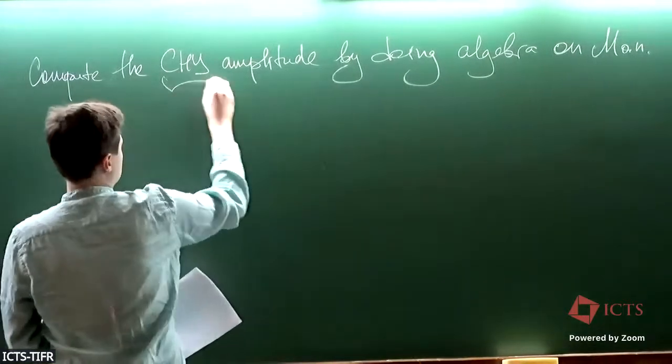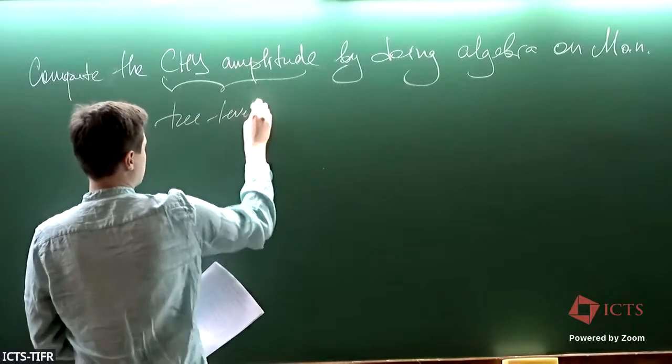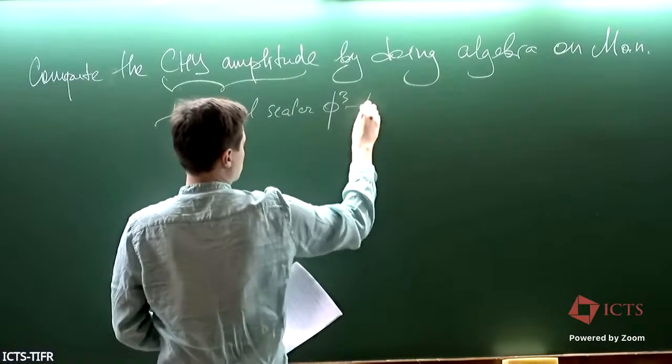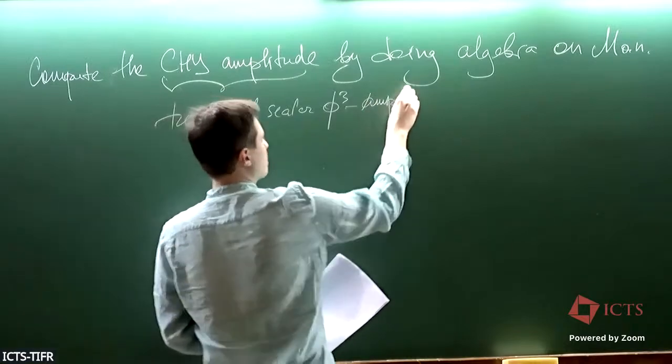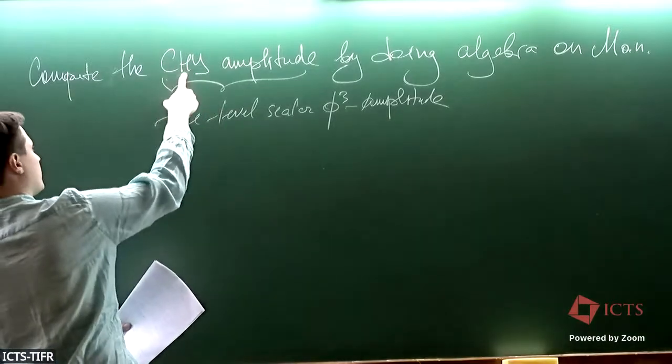Again, the CHY amplitude is the tree-level scalar phi cube amplitude, and CHY stands for Cachazo, He, and Yuan.